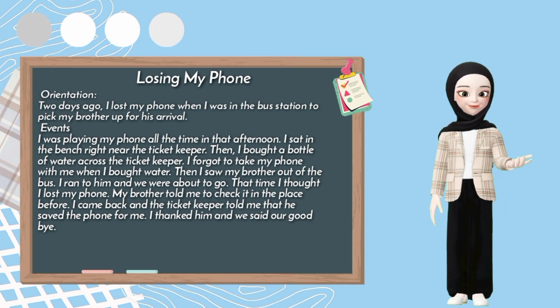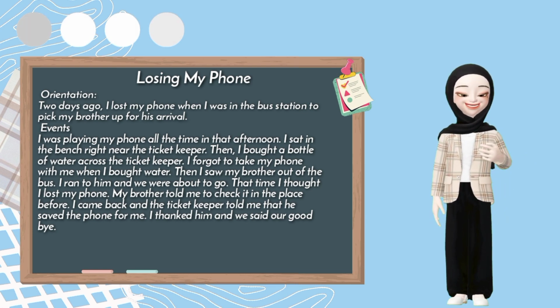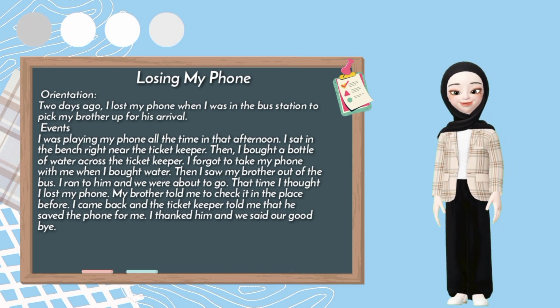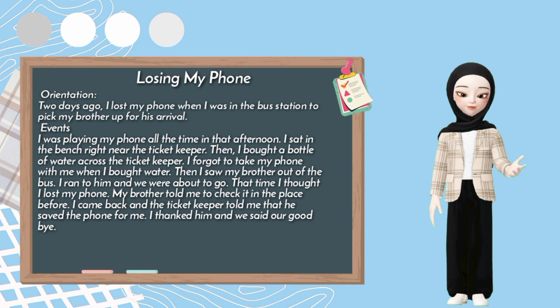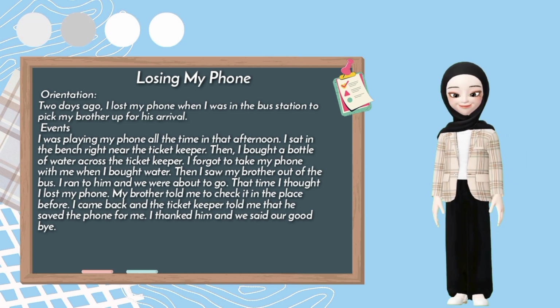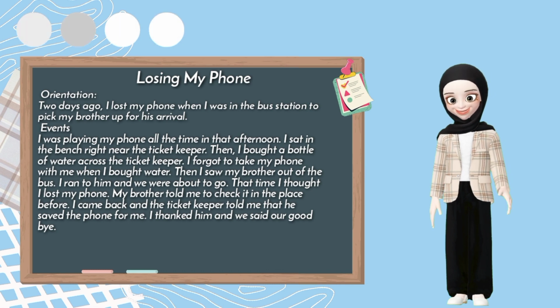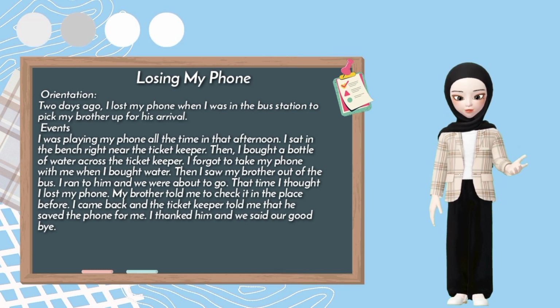That time I thought I lost my phone. My brother told me to check it in the place before. I came back and the ticket keeper told me that he saved the phone for me. I thanked him and we said our goodbyes. In this part, the writer tells the events of how she lost the phone.